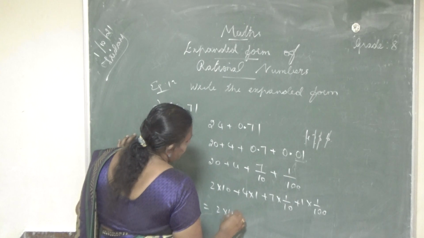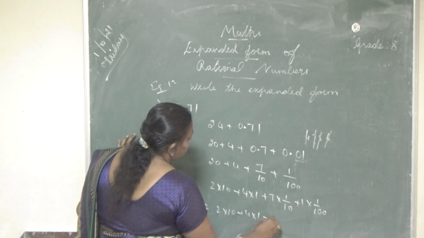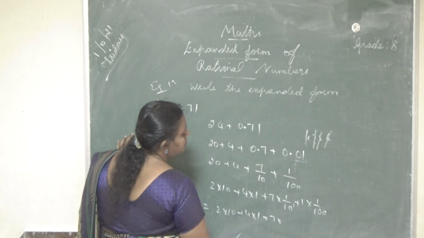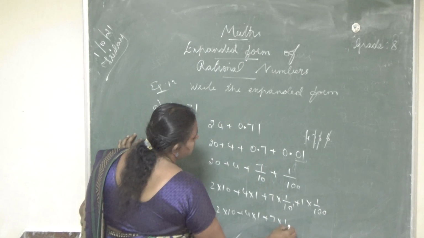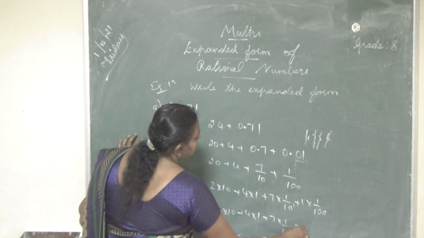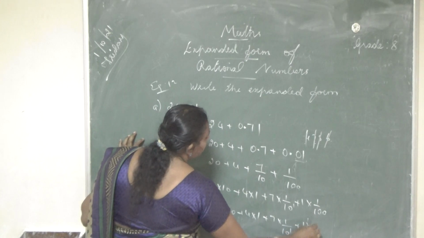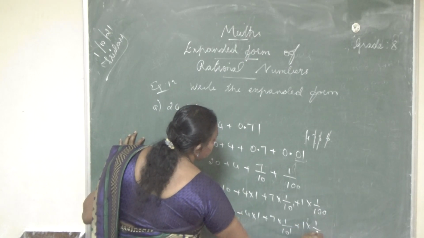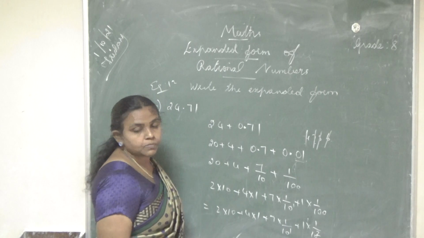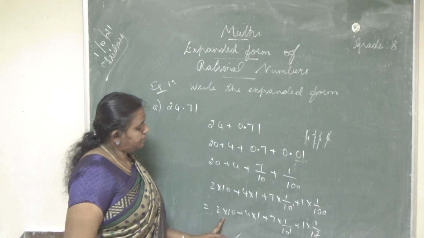2 into 10 plus 4 into 1 plus 7 into, this is 10 power 1, is it? So 1 by 10 power 1 plus 1 into 1 by 10 power, how many zeros? 2 zeros, 10 square. Okay.